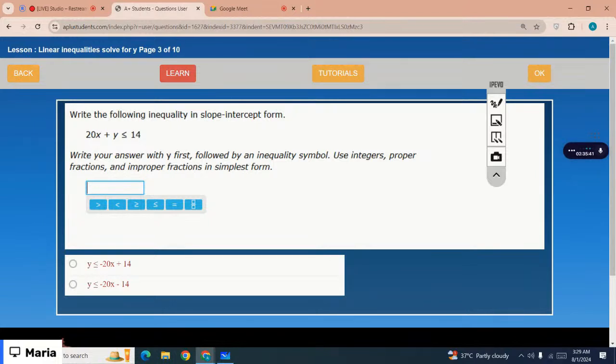That is y is less than or equal to negative 20x plus 14. Option number 1 is the correct option.